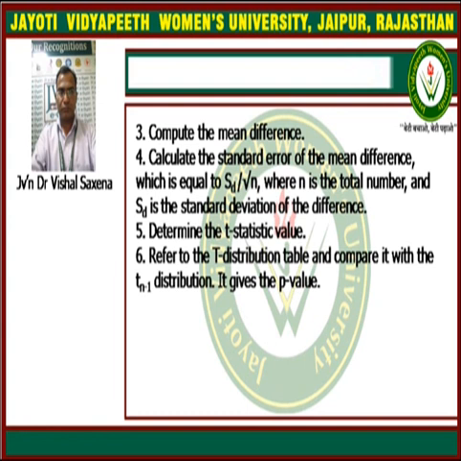The standard error of the mean differences is equal to SD upon the square root of n, where n is the total number of observations and SD is the standard deviation of the differences. After that, determine the t statistic value.